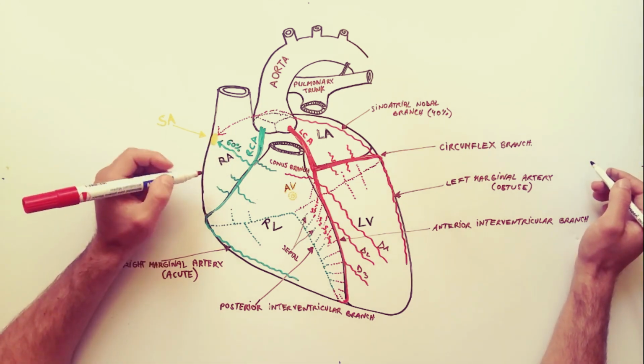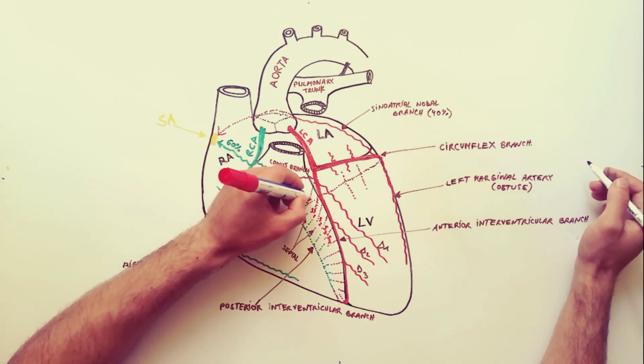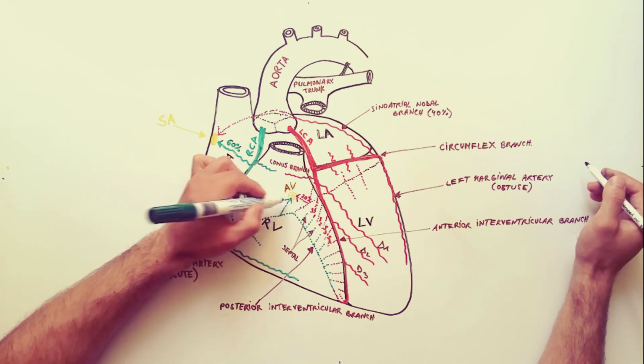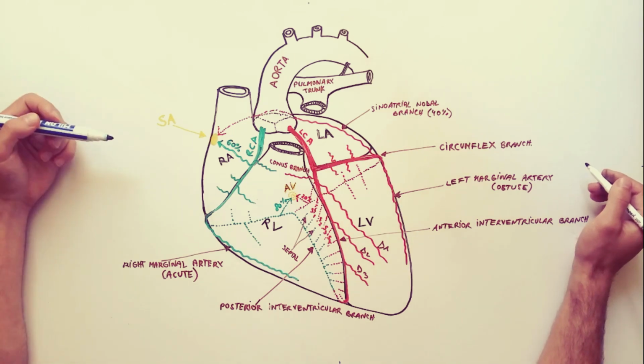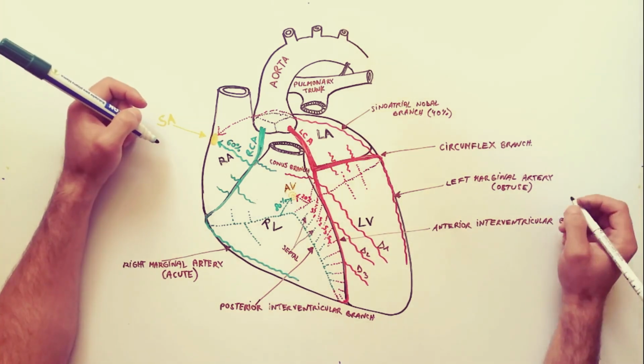In about 20% of the cases, we have an atrioventricular nodal branch, which originates from the circumflex artery. And in about 80% of the cases, this atrioventricular nodal branch originates from the right coronary artery.